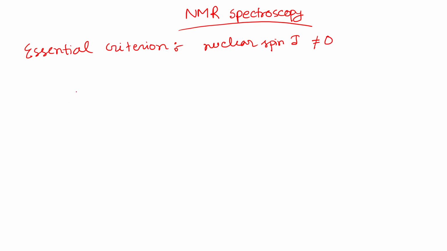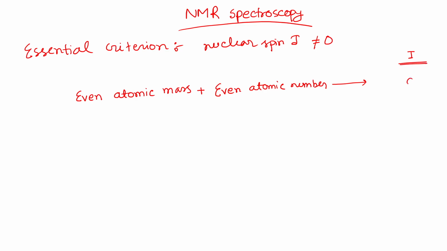If your atomic mass is even and your atomic number is also even, then your I, the nuclear spin, is going to be 0. Some examples of this are 12C or 16O.